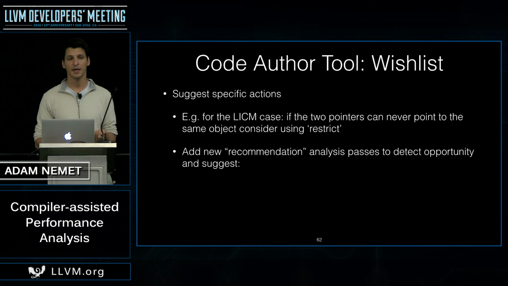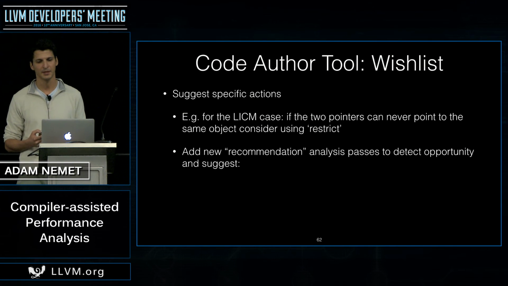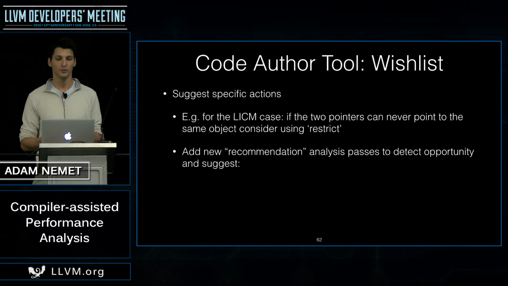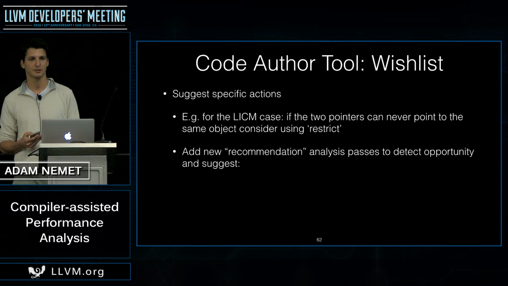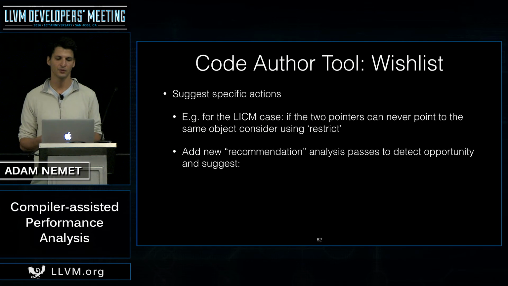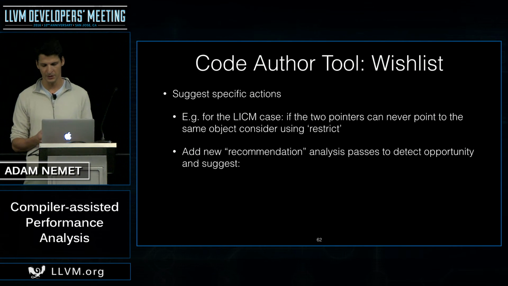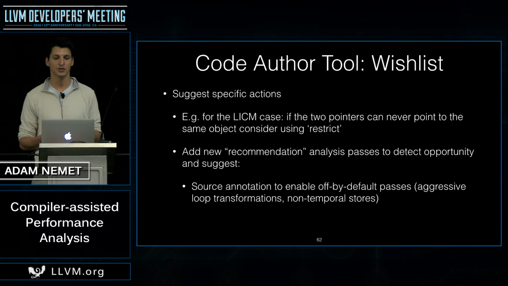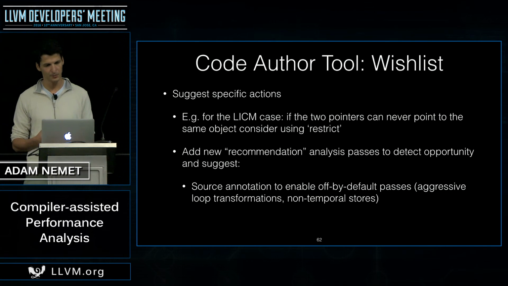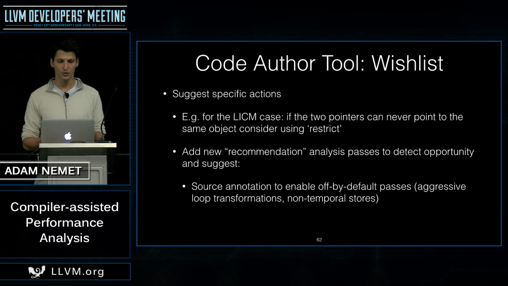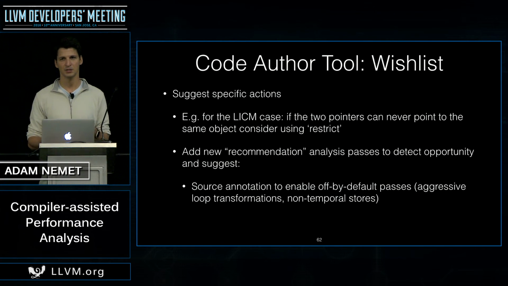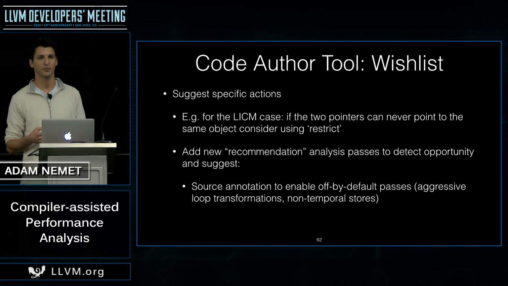Also, we can add new analysis passes of a new type I call recommendation passes that could detect opportunity rather than actually perform the transformation, and effectively suggest things like add source annotation to enable off-by-default passes. For example, aggressive loop transformations and non-temporal store optimizations, which are optimizations that can be hugely beneficial, but can actually hurt performance as well.